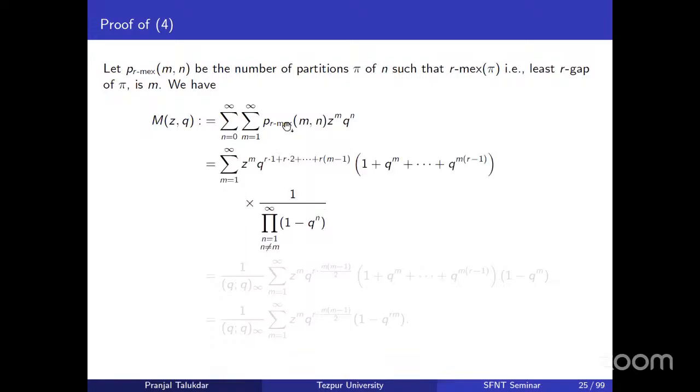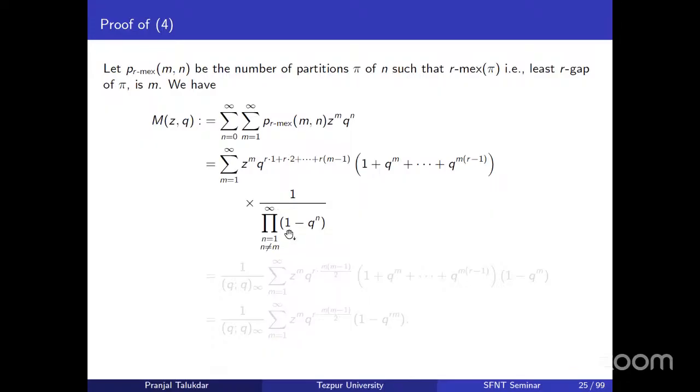Now we want to simplify this and have a nice formula for it. So we keep z to the power m as it is, and now we want to see what happens to this sum of P_rmax(m, n) q^n, with n from 0 to infinity. First of all, we know the generating function of partitions is basically the product of 1 by (1 minus q^n), n from 1 to infinity.